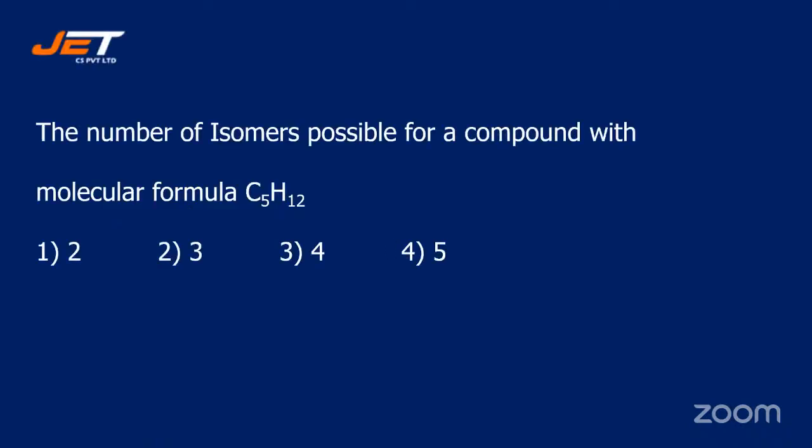The number of isomers possible for a compound with molecular formula C5H12 is: option 1, 2; option 2, 3; option 3, 4; or option 4, 5. You have to tell how many isomers are possible for the compound with the molecular formula C5H12.